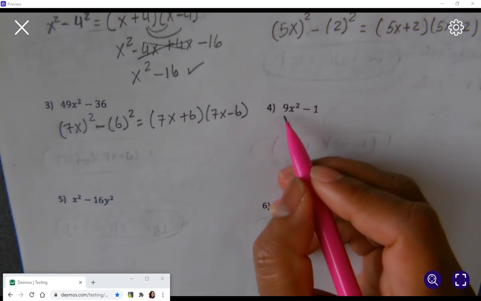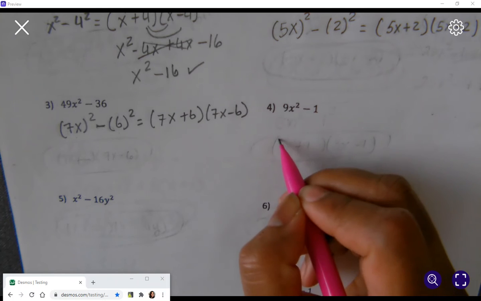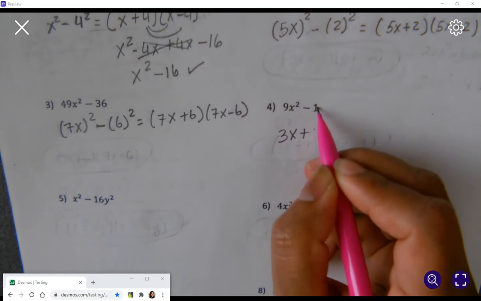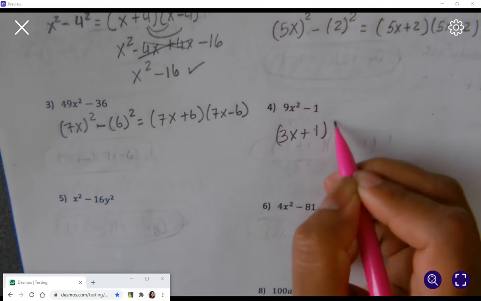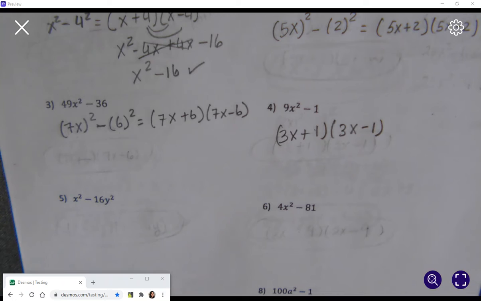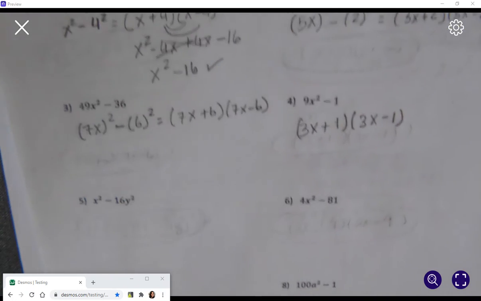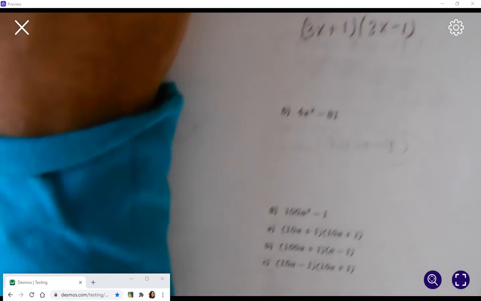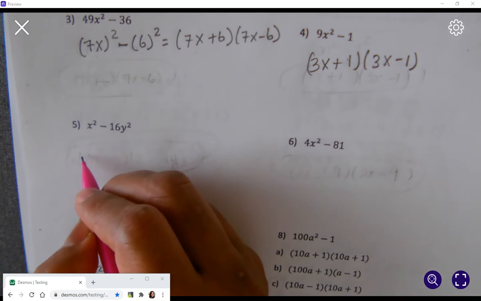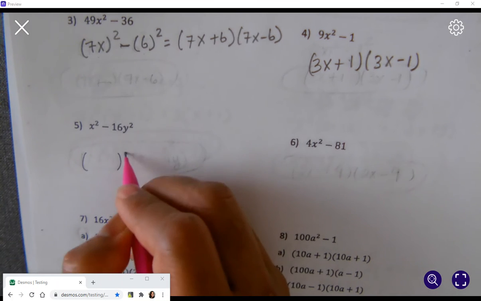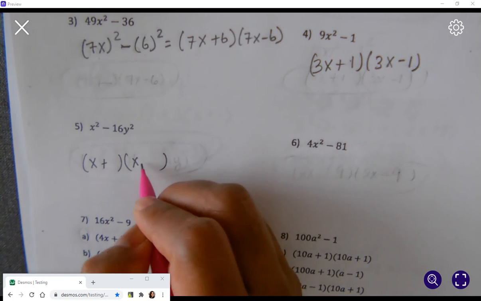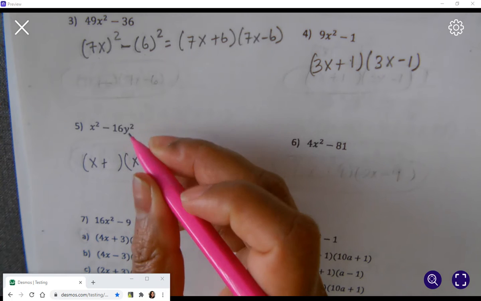So let's see, the square root of 9 is 3. So this can be 3x plus, and the square root of 1 is 1. So 3x plus 1, 3x minus 1. Over here, you have x squared, so I can do x and x, and then plus and minus, and you see the pattern, right?